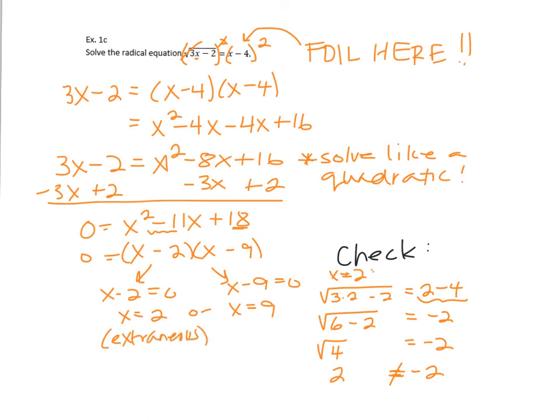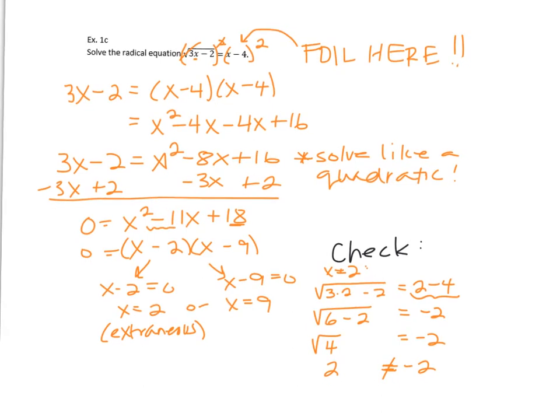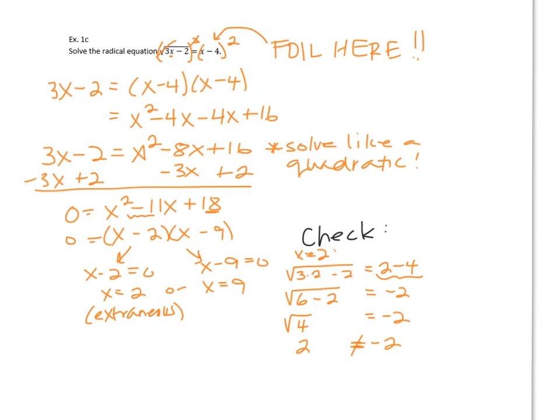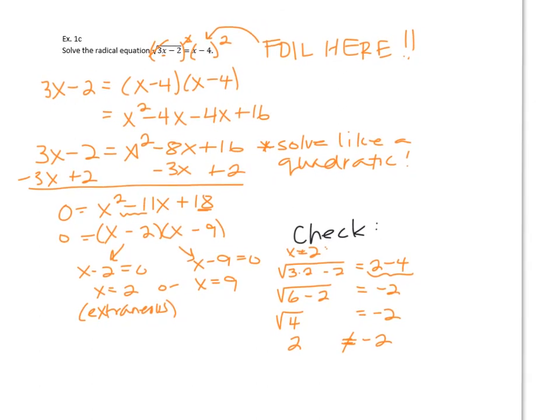Let's see if 9 works, otherwise both of our answers would be extraneous and we'd have no solution. I need to make my screen a little bit bigger so I have enough room to prove that 9 will either work or not work. So if I check x equals 9, we do the same thing.